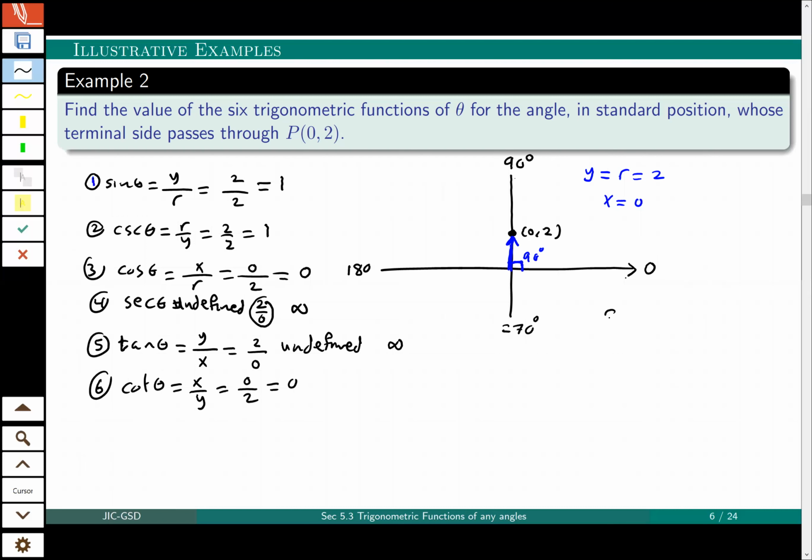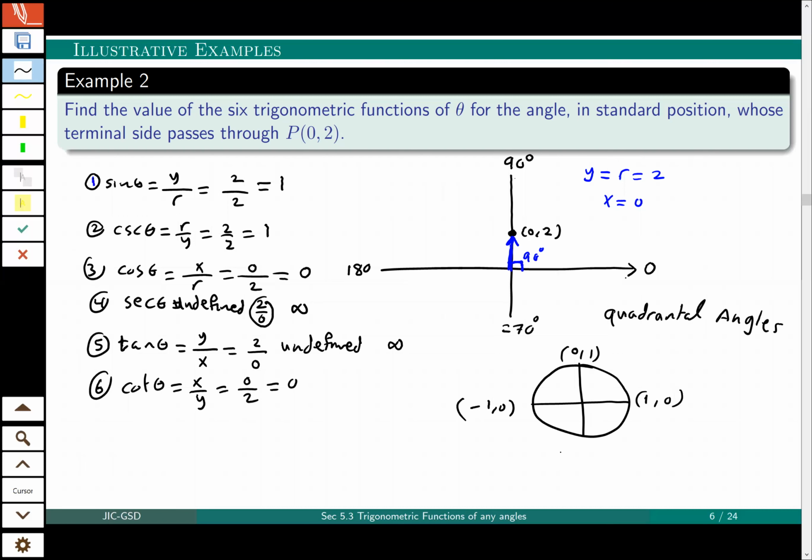We call them quadrantal angles, which usually we get from the unit circle, and that's what we did in section 5.5. 1, 0, 0, 1, minus 1, 0, 0, and minus 1, and we said cosine is always related to x, and y is always equal to sine, because our radius here is equal to 1.